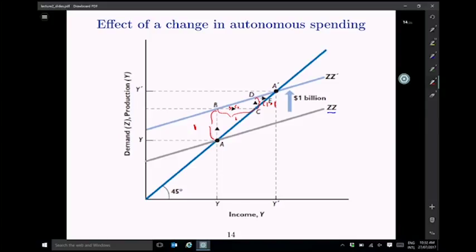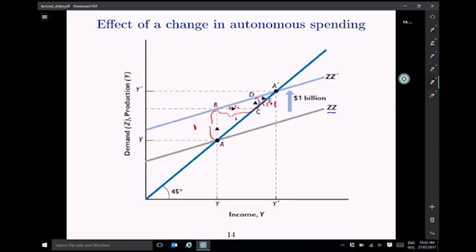Now we know that the direct effect of an increase in government spending is that aggregate output increased by 1. But since aggregate output increased by 1, aggregate income increased by 1, aggregate disposable income increased by 1, from the marginal propensity to consume, we know consumption will increase by C1.